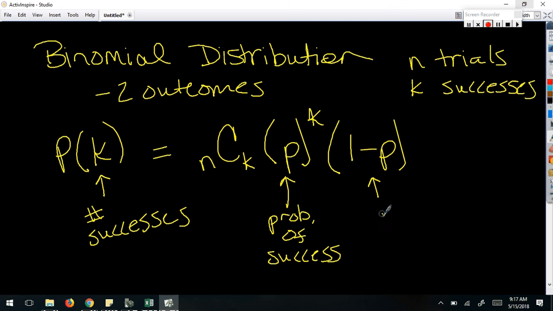So this is giving me my probability of non-success, raised to n minus k. This is a k, this is a k, and this is a k. Let me do just one example first, and then we'll actually do a probability distribution together, a binomial.